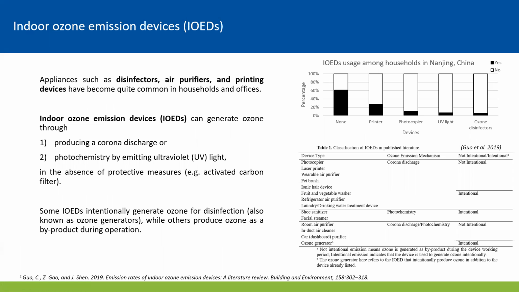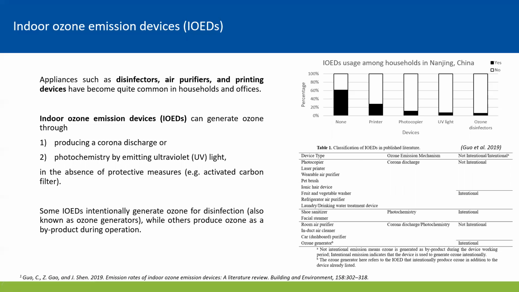Some devices used in household and office settings can generate ozone during their operations. For example, some disinfectors that use ozone for disinfection, and some air cleaners, and also printing devices like laser printers and photocopiers. According to a survey we conducted before in China, many people actually use some of these devices in their homes.